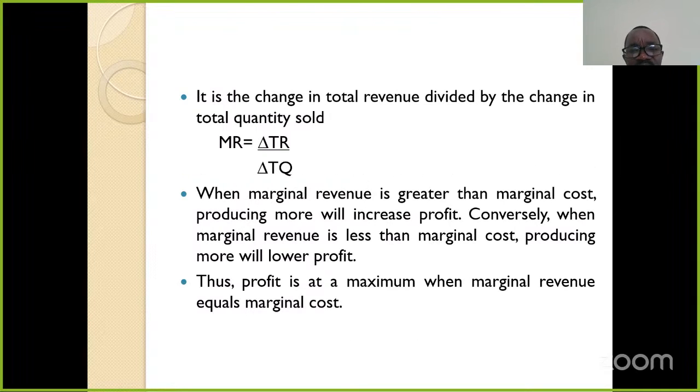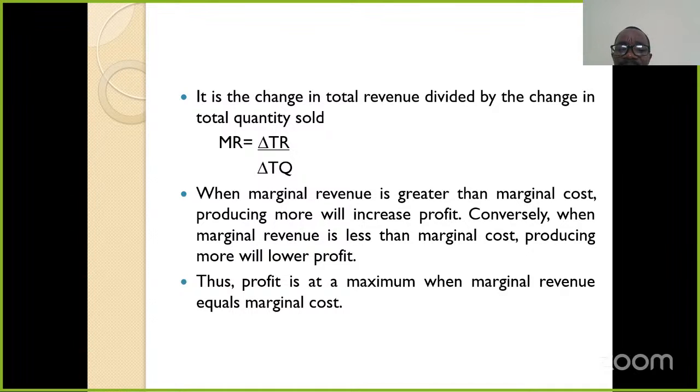So when the marginal revenue is greater than marginal cost, producing more will increase the profit. So if you're having your revenue greater than marginal cost, you can continue to produce until you reach the point where the marginal cost equals the marginal revenue.